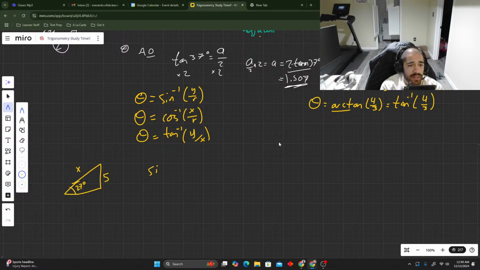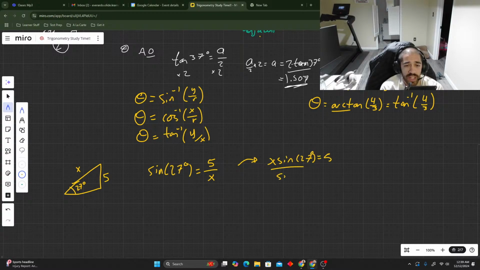We have sine of 27 degrees is equal to opposite 5 over the hypotenuse x. So now when you try to solve this out, you can multiply x by both sides. You get x times sine of 27 degrees equals 5. Then you can divide both sides by sine 27 degrees.